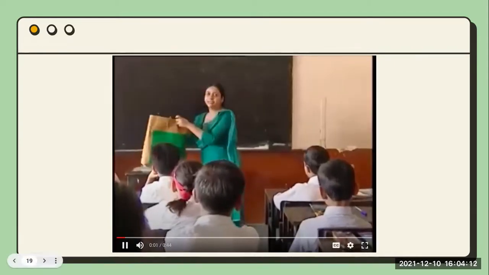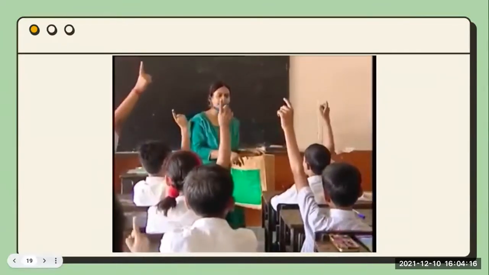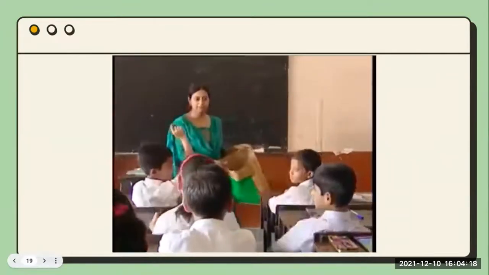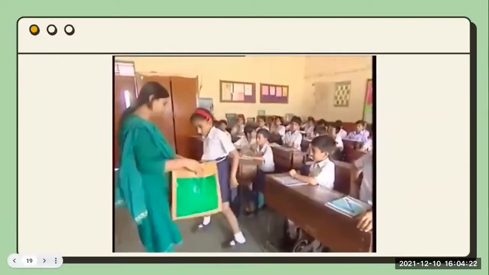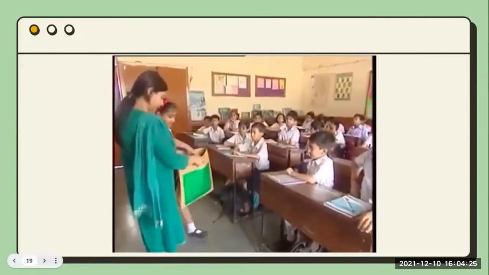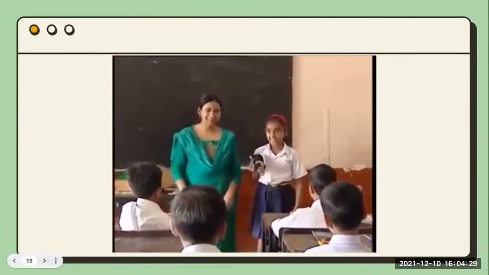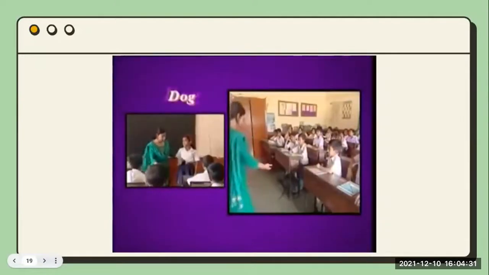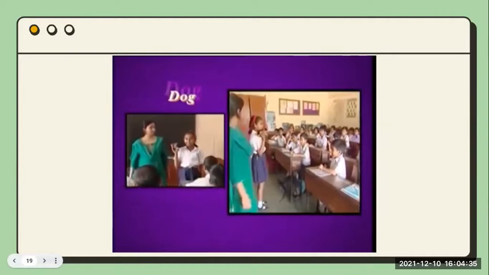Now I would like some other child of this class to come over here and pick. You please come. Come this side. Oh, so what has she got for us? Dog. Dog. So please come forward and speak few lines on this dog. This is a dog.